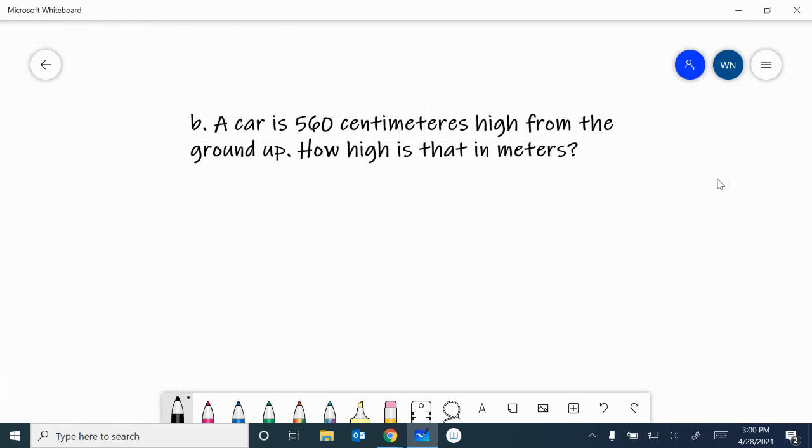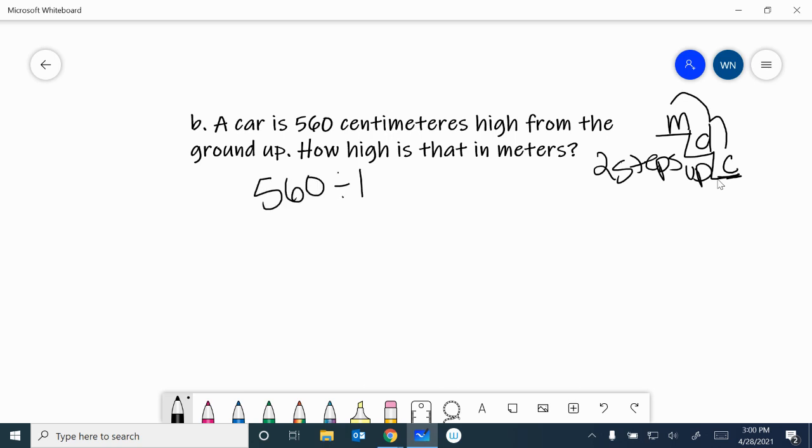For B, a car is 560 centimeters high from the ground up. How high is that in meters? Go try it out. For this one, I know I've got meters, decimeters, centimeters, but for this one, we're starting at centimeters and we're going 1, 2 steps up. If I go up, I know I'm going to divide. So I've got 560 centimeters divided by 100 because it was 2 steps.